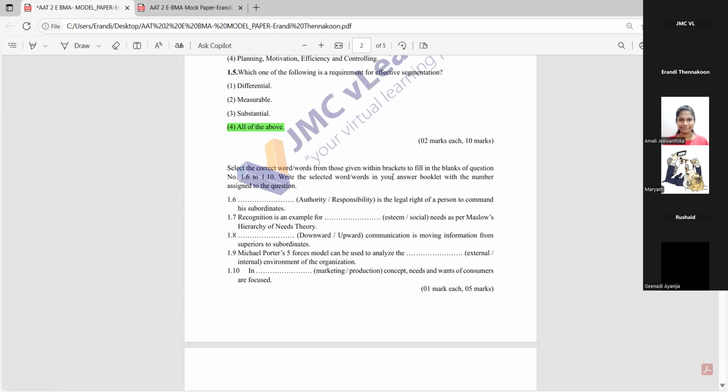Remember that. So the answer for 1.6, you have to write 1.6 and then the answer. If authority is the answer, you write 1.6, then authority. Got it? Clear?